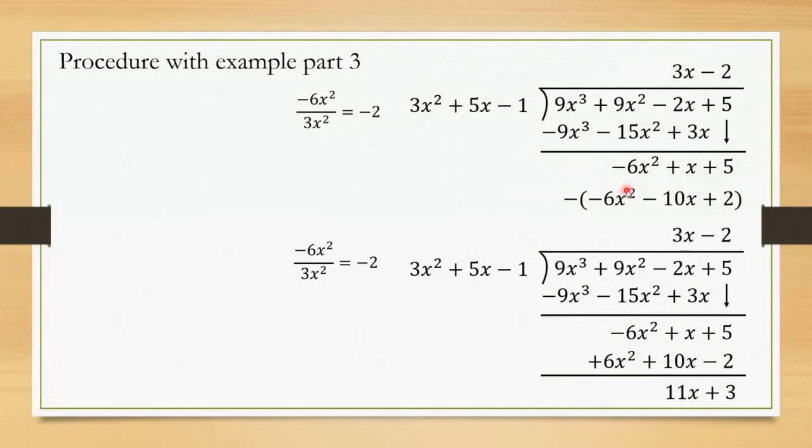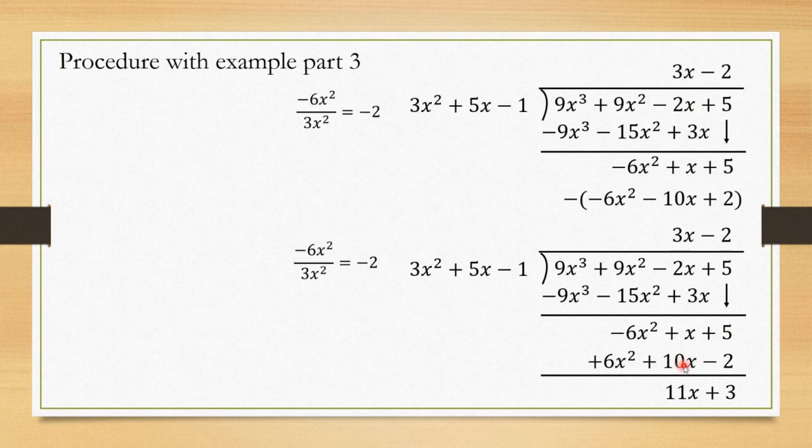Okay, that's good. And again, what I like to do is distribute the negative, and then you change it to addition. Minus times minus is positive. Minus times positive is negative. That's why we have this. I put the plus here just to remind myself we're adding. So we add, these cancel.